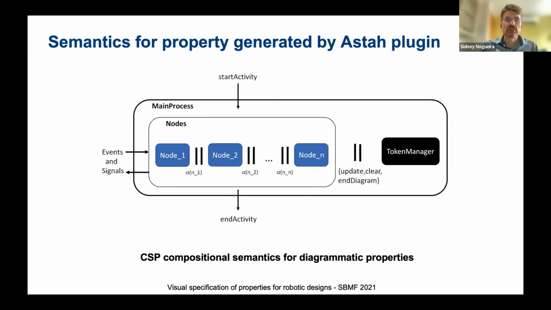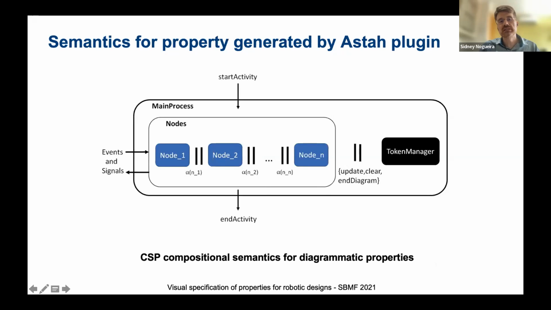So we define the semantics for the elements of this notation. Each of the nodes of the diagram is translated to a CSP process. In blue, you have the processes that represent the nodes, and the nodes are linked with edges that are events in our semantics, and the processes synchronize on the edges.